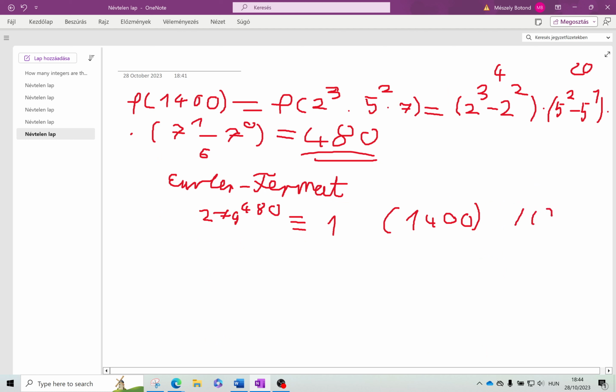We can put it to the power of 2, which we can do, and the congruence will stay true. So that means that 279 to the power of 960 is congruent to 1 to the power of 2, which is 1, modulo 1400. So that's still true.